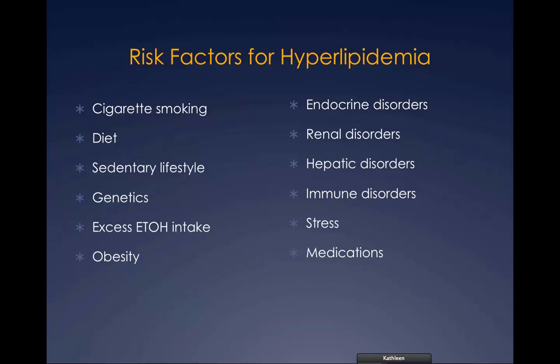Diets high in saturated fats, which are primarily found in animal products like dairy and meat, and also in palm and coconut oil, cause increased cholesterol. Sedentary lifestyle: exercise increases HDL. Genetics: rare mutations can result in a faulty protein, receptor or enzyme causing a particular pattern of dyslipidemia.